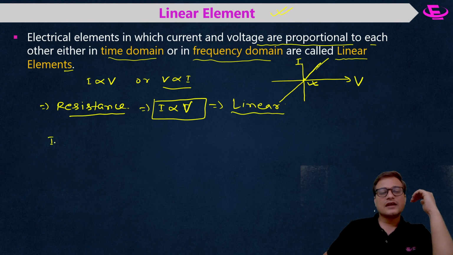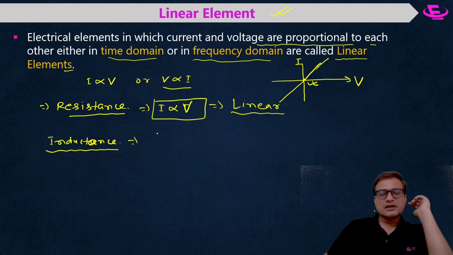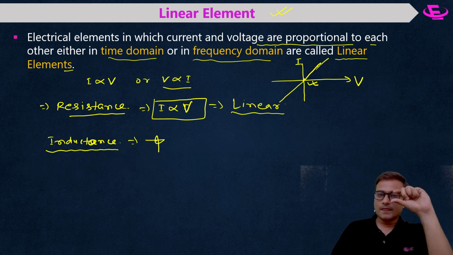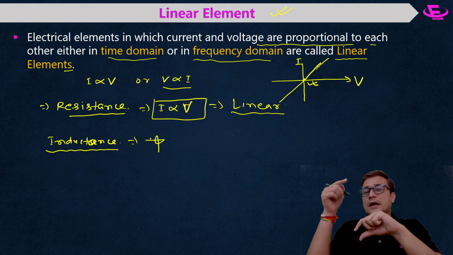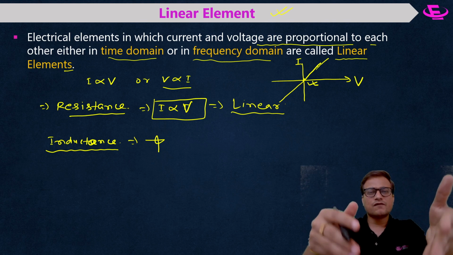Next, second one is inductance. Now many people get confused about inductance and capacitance, so just to avoid your confusion, I am writing all the elements separately. In the case of inductance, you will see that there will be magnetic flux if there is current. If there is current, there will be magnetic field lines, and magnetic field lines mean there is magnetic flux.